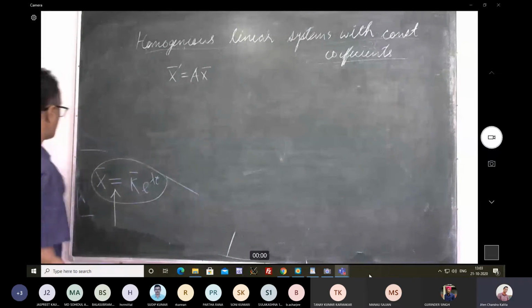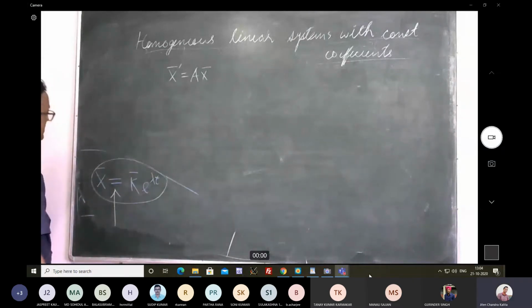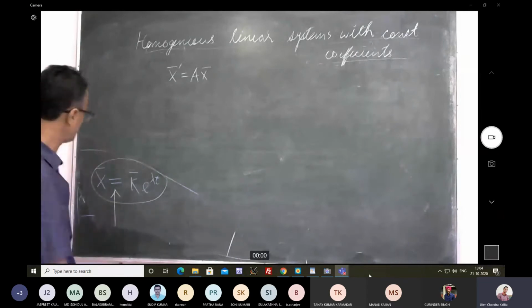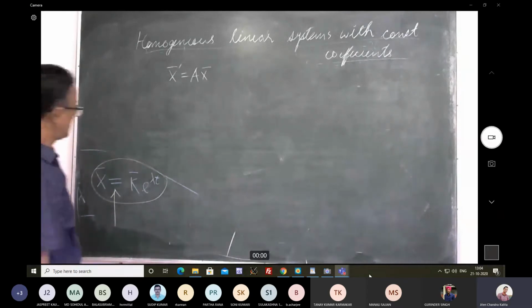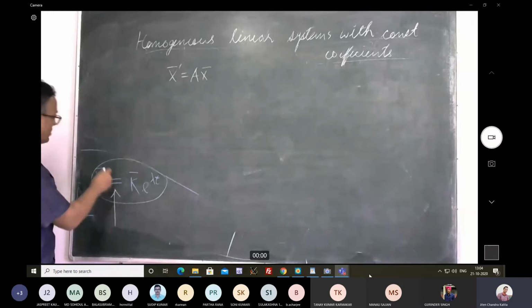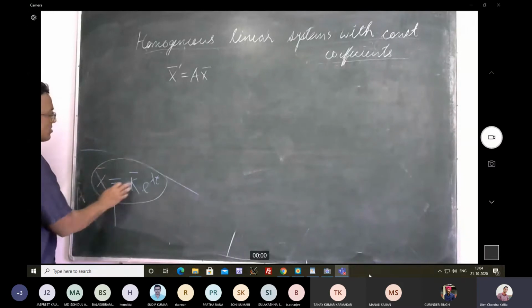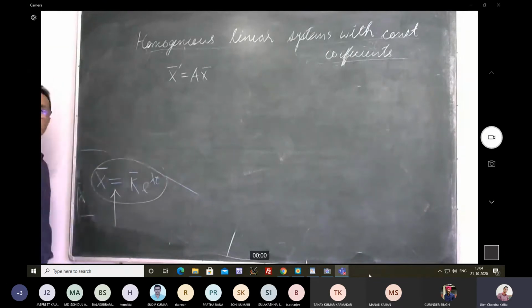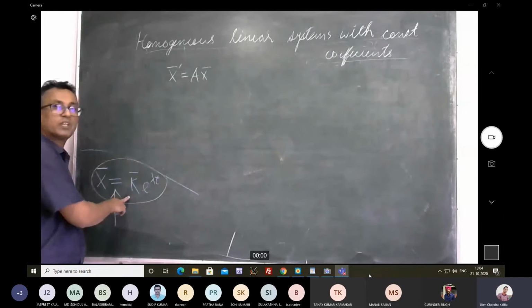In our very first example, which had two homogeneous linear equations, you saw that a solution of this form was working there.